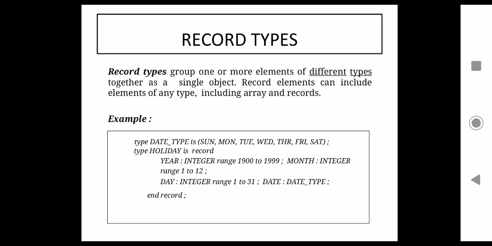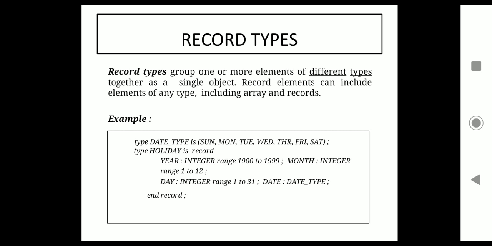This is the example of how to declare a record. First type, then the record name, whatever name you want to give to that record, like Sunday, Monday, Tuesday, anything. Then again type, holiday is a record name. Then year, then integer, that means here in a record we are defining the array, that means you can define an array under a record. And what is the difference between array and record?